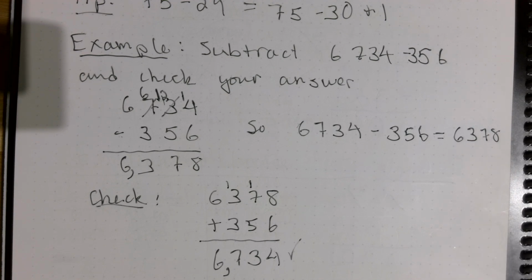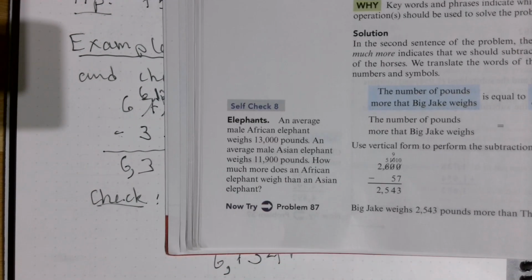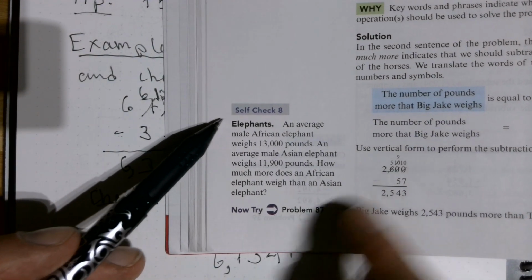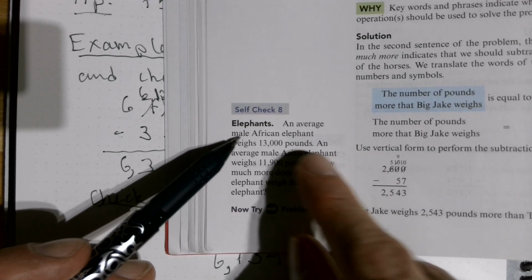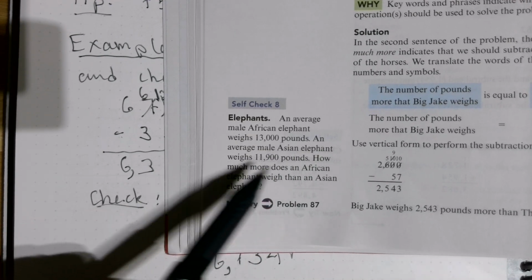So one more quick thing here. When we are doing word problems with subtraction, which we will do quite a bit more of later, let's just look at this quick example from our textbook here. I'm looking down here on self-check number 8. I'm on page 32. An average African male elephant weighs 13,000 pounds.